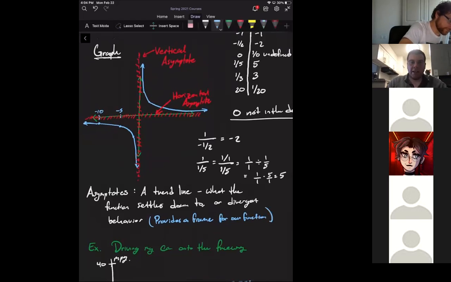All right, we'll get a little bit more rigorous mathematically down the road on what vertical and horizontal asymptotes are, how we find them, and how they work. But right now, I just wanted to give a brief introduction to what they are and why they come up on the graph. Does anyone have any questions at this point?